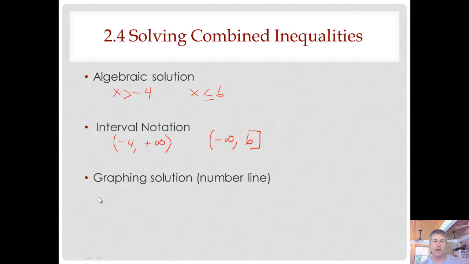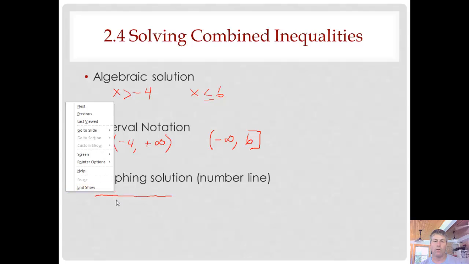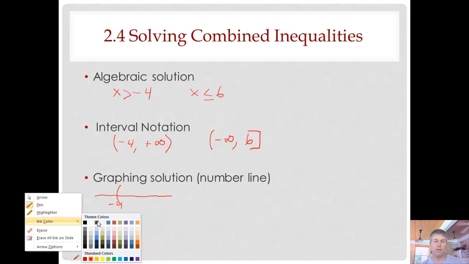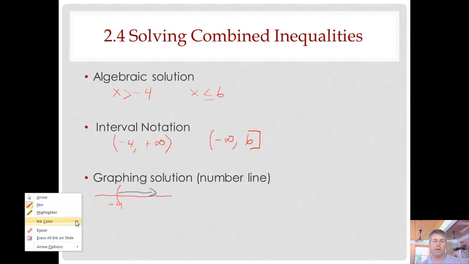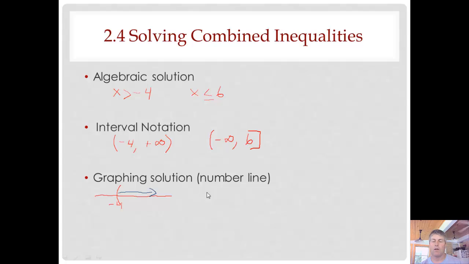Okay, x is greater than negative 4, so we put negative 4 on our number line. We're going to do a parenthesis. Maybe I'll change my ink color here so you can better see the graph. Okay. And then we'll quickly graph x is less than or equal to 6.